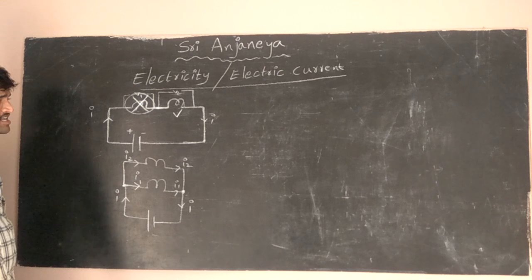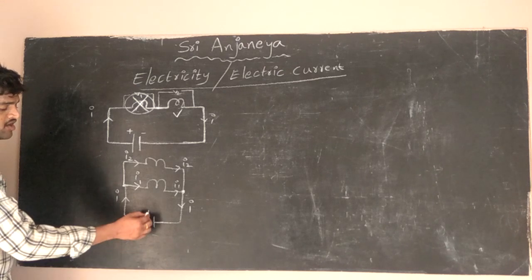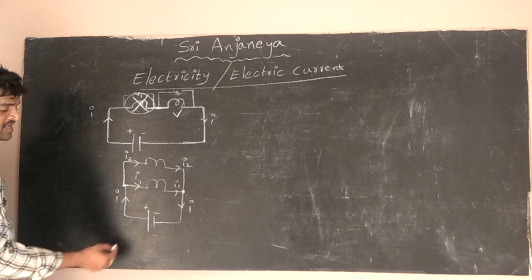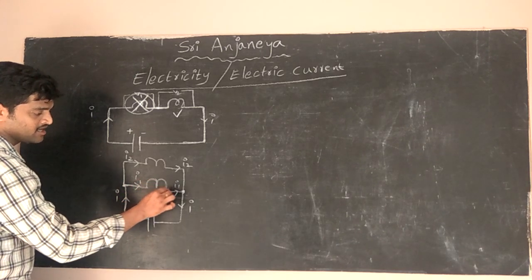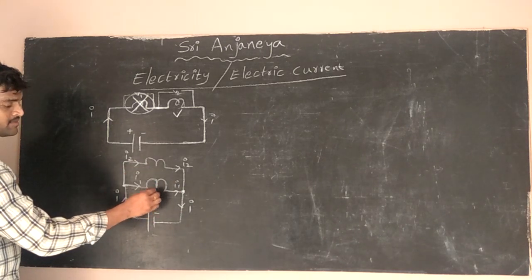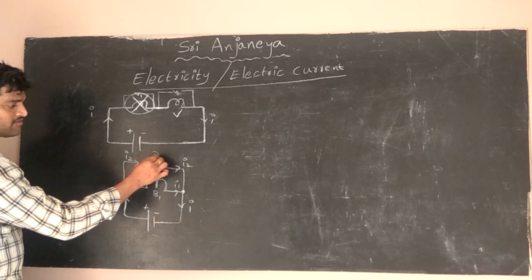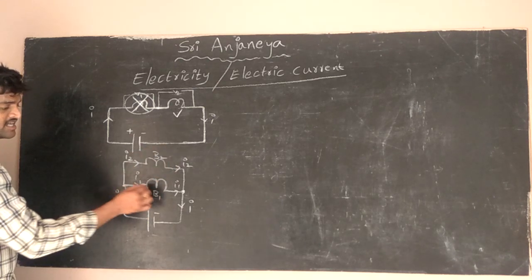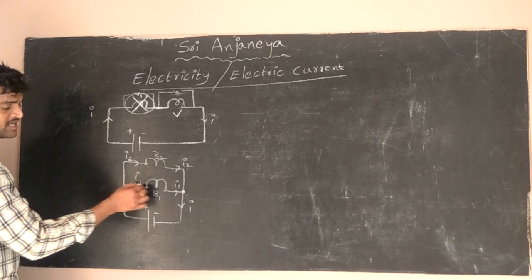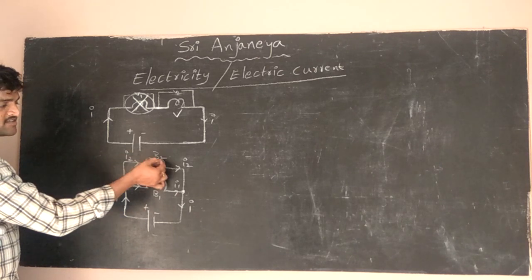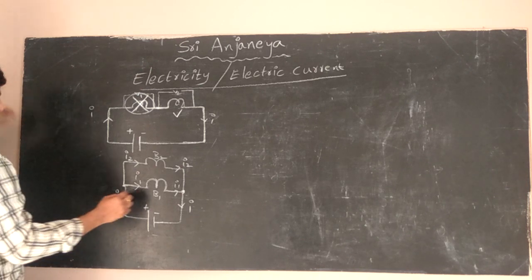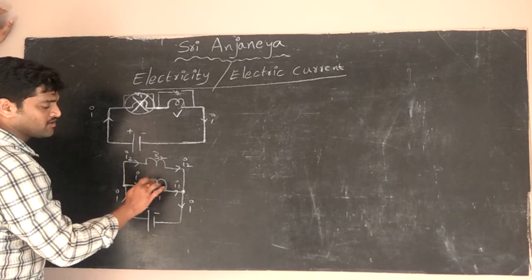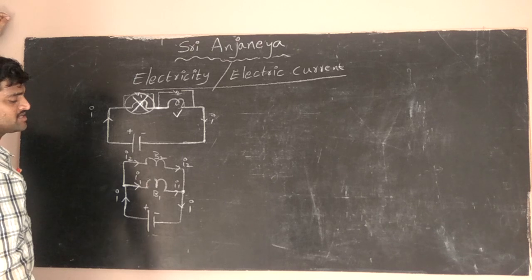So here we have an advantage. The current is flowing individually through these bulbs. This is bulb B1, this is bulb B2, for the sake of supposition. The current flowing through B1 is I1. The current flowing through B2 is I2. If suppose the filament in this bulb is broken, then what will happen?